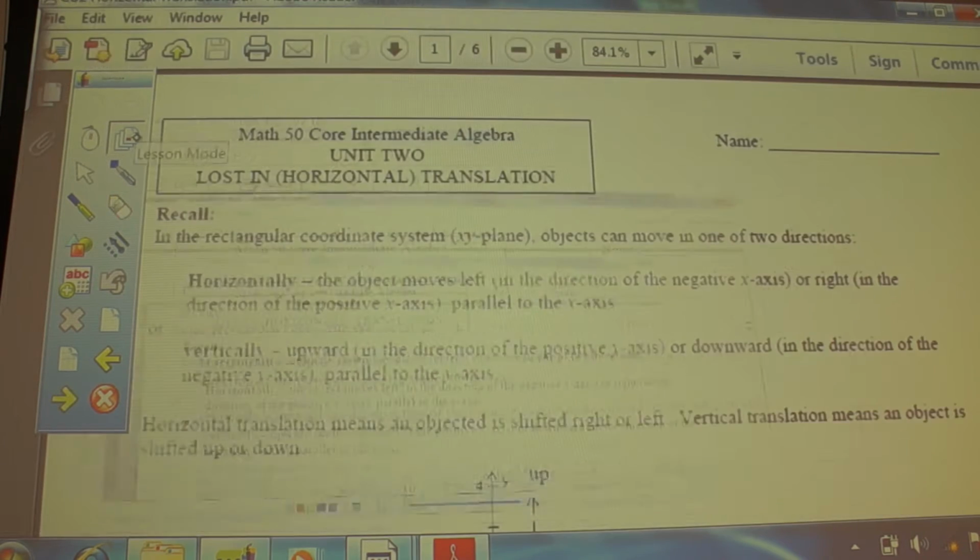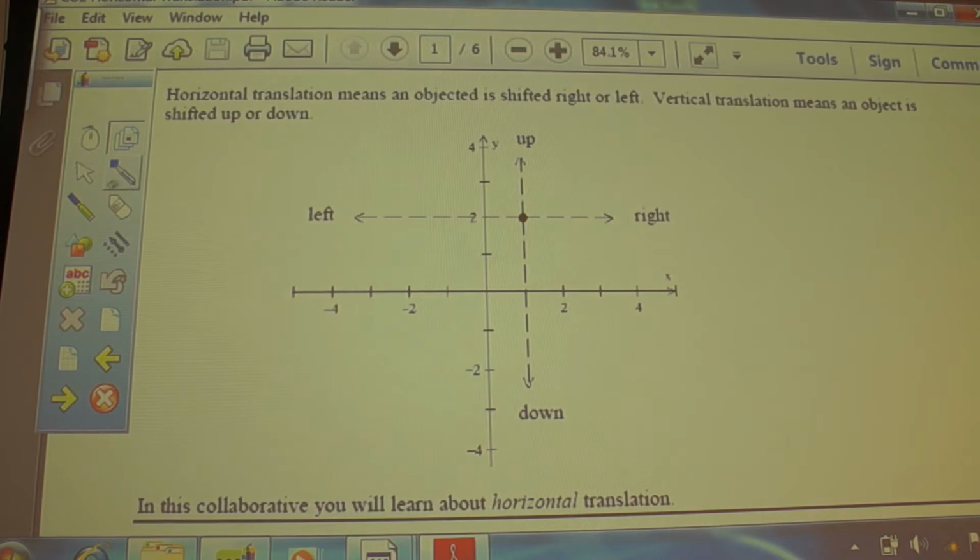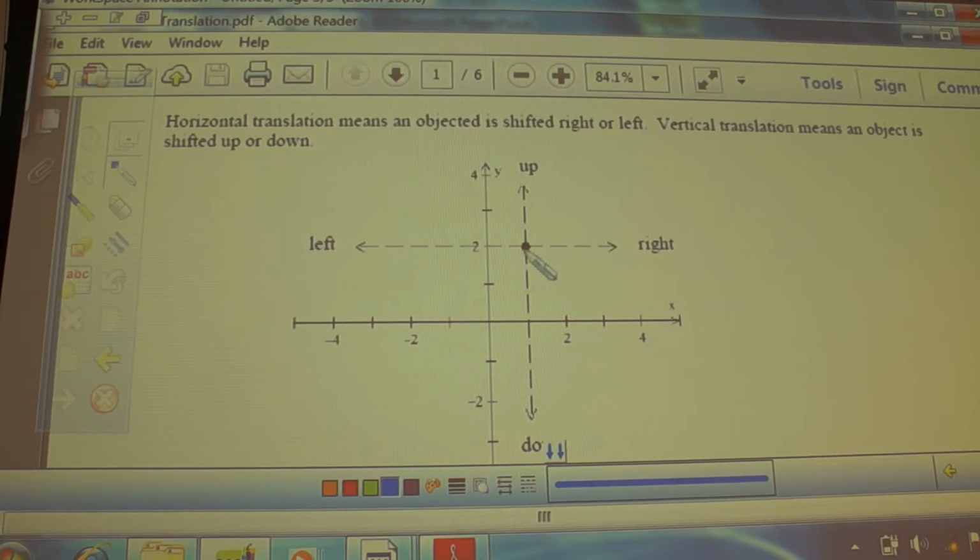Okay, so if you guys remember, for example, this point is 1, 2, right? I walk 1 to the right and then I go up 2. So this is 1, 2. If I were to shift it 2 right, that does exactly what you expect it to do.